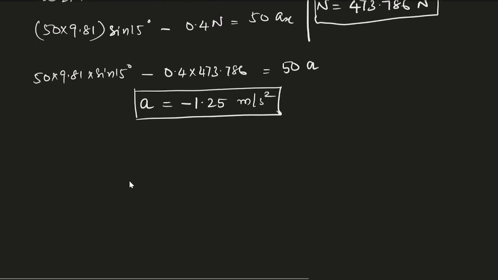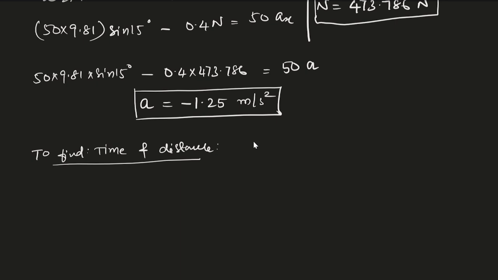Now the next step is to find the time and distance. This can be found by using the equations of motion. We have three formulas in the equations of motion.